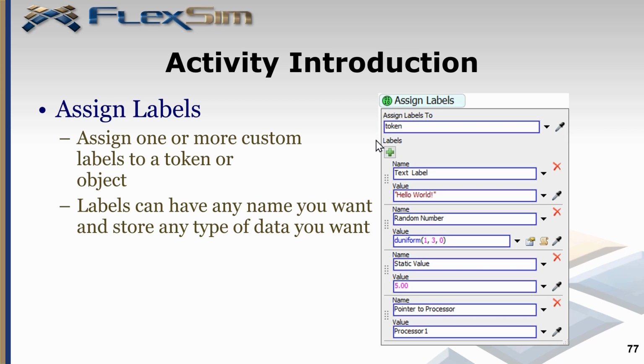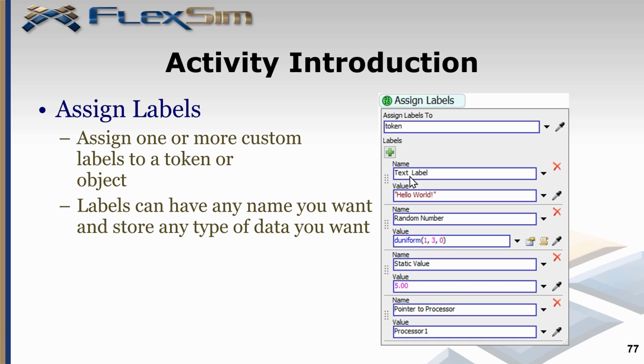This is an example of the properties window where four labels have been added to the token. See, this is the field where you'll specify what you want to assign the labels to. Typically it'll be the token, but it could be some other object. Okay, this is an example of a text label where the name of the label is text label.